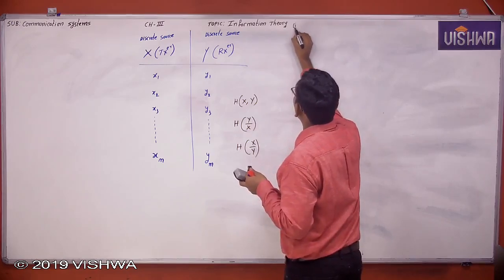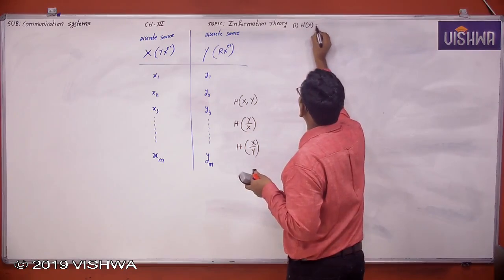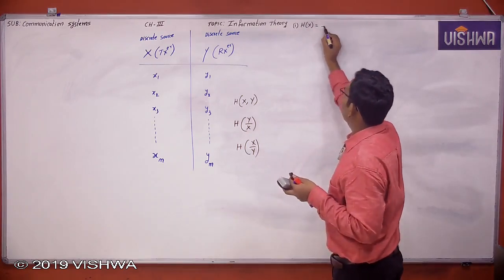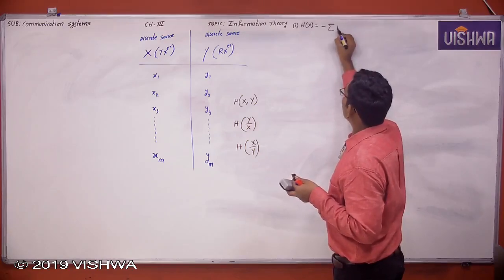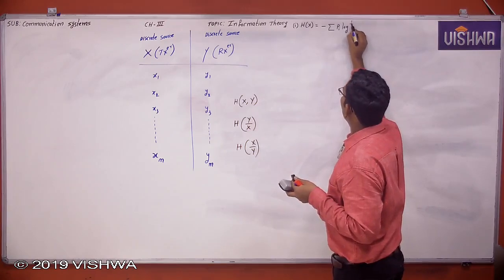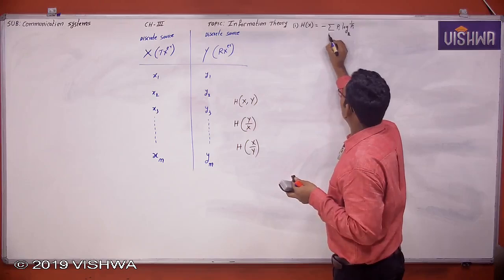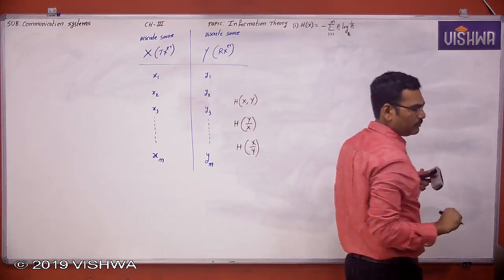Now first you tell me what is the entropy of source X. The entropy of source X is nothing but minus summation P_i log 1 by P_i base 2, i equal to 1 to m.